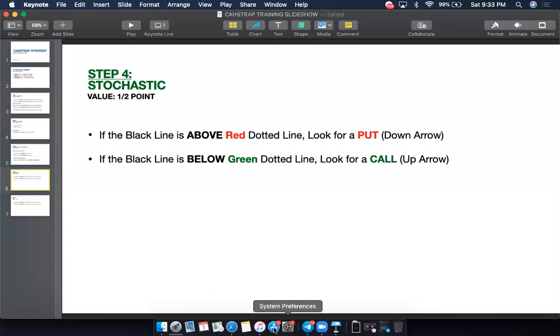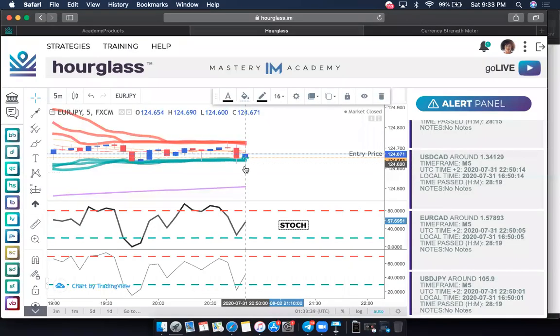So if we're taking a look at this trade on Euro JPY, first step, look at the purple line. It's at the bottom of everything. That means I'm looking for an up arrow. Boom, I got my up arrow. That means I need for the euro to be stronger than the Japanese yen.